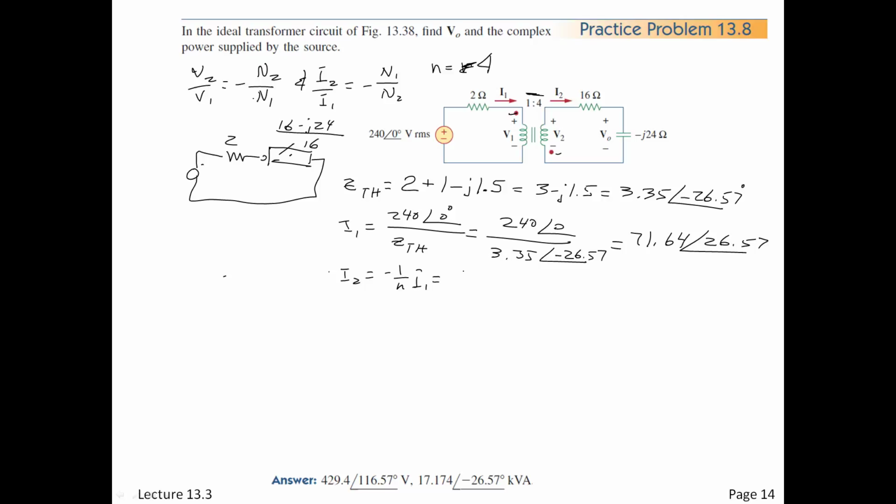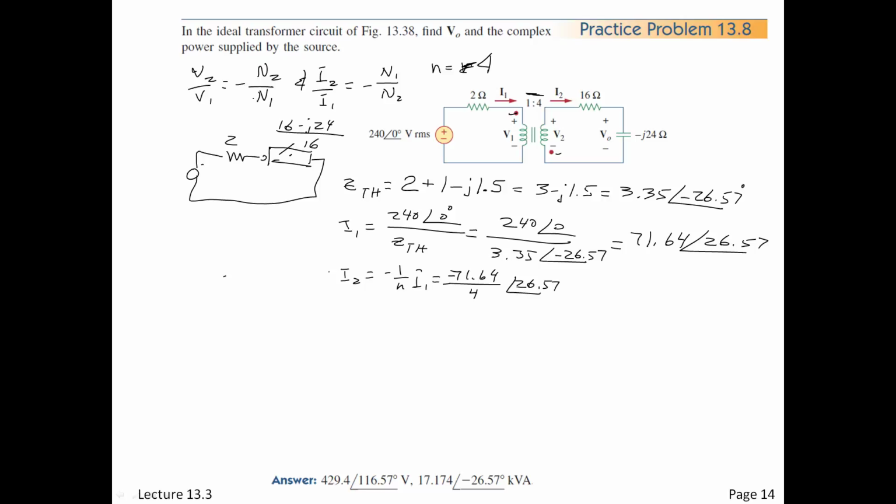So I2 is what? 71.64 divided by 4, minus this, minus this at an angle of 26.57.